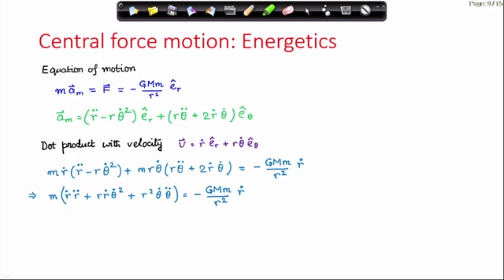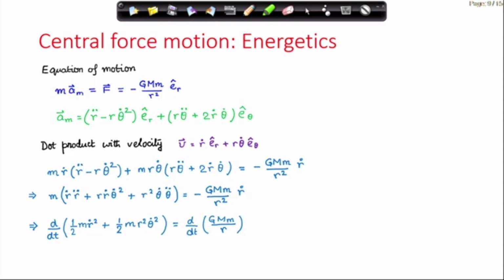I open up the bracket and simplify things, and it turns out to be this expression. I can recast whatever is in the bracket in this form, d dt. The total time derivative is of half m r dot square plus half m r square theta dot square. This you will realize is the kinetic energy.